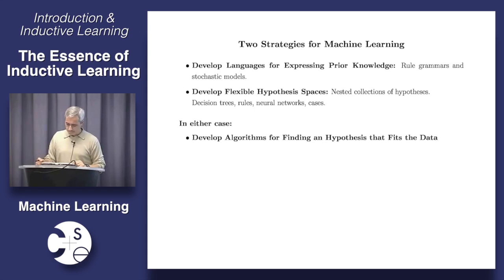Okay. So, out of these two observations come two strategies for doing machine learning. And we're going to see them in action in the coming weeks in a bunch of different ways. One of them is, since it's so important to express and use prior knowledge to make our learning easy, one of the things that we should have is languages in which it's easy to express the kind of prior knowledge that we have.